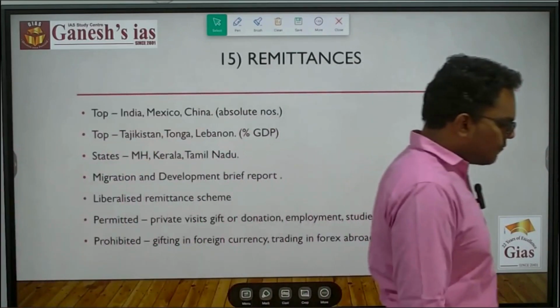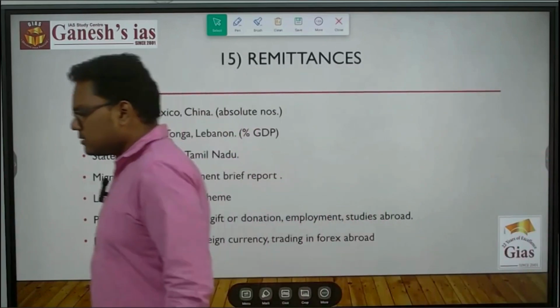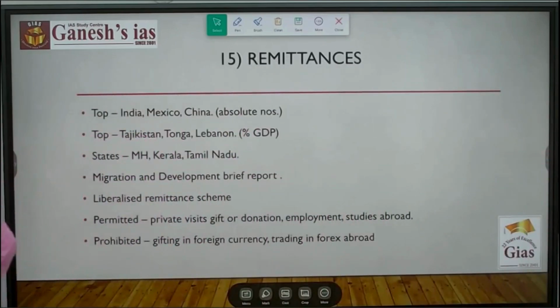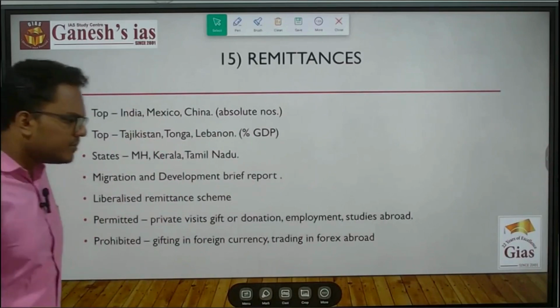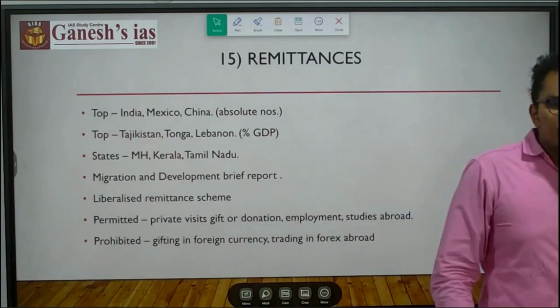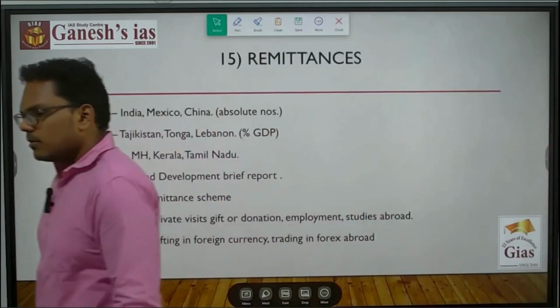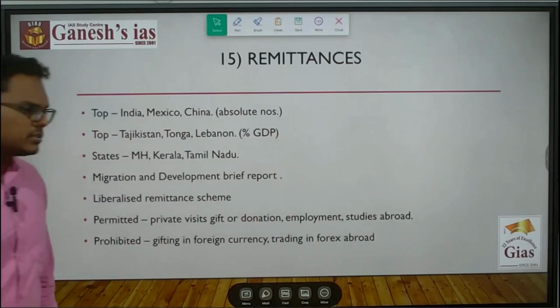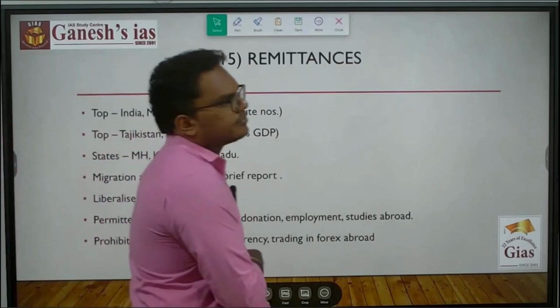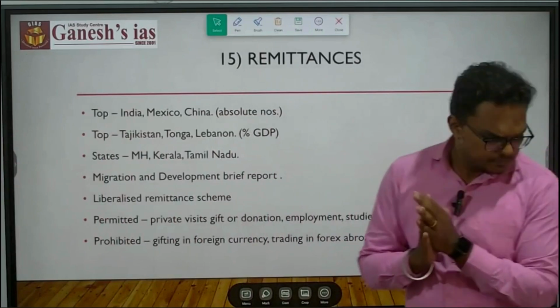So if you read remittances along these lines, it's very good. And year on year, why I've picked up this news is that India is achieving a new high in terms of the remittances that it receives. It receives over 80 to 85 billion dollars as remittance every year. So you might expect a question.